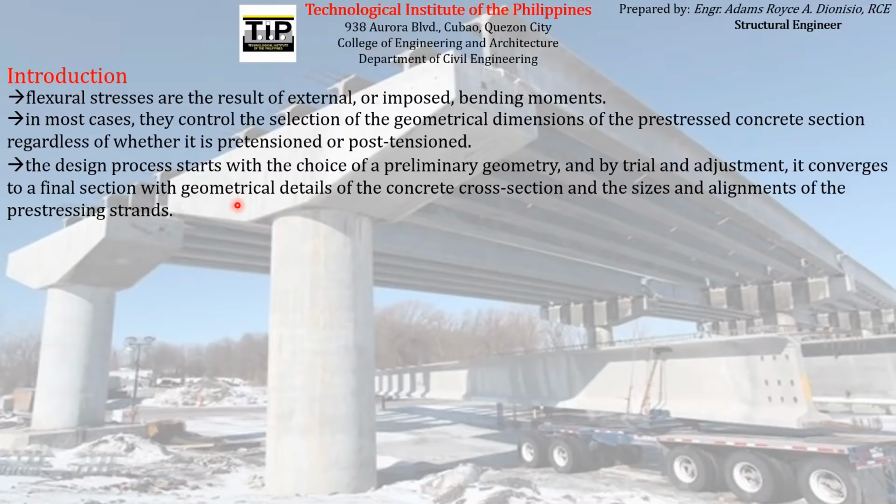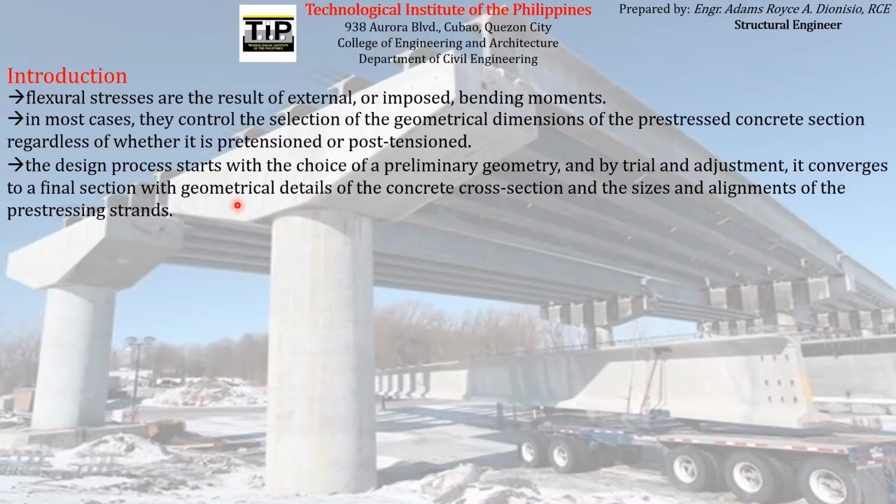We usually start the design process with a preliminary section, and then that section will undergo what we call trial and adjustment, wherein we check the adequacy of that particular preliminary section that we have assigned initially until we have found a final section with geometrical details that will address the demand from the applied loads that are being carried by the prestressed concrete element that we are designing.